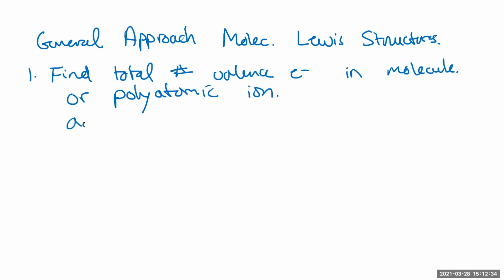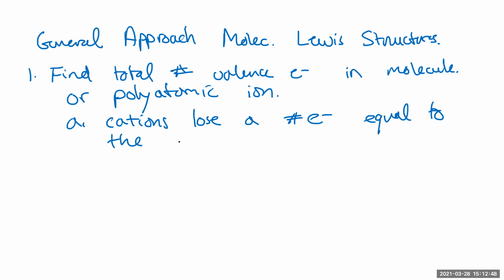Okay, which means a couple of additional notes here. Cations lose a number of electrons equal to the positive charge. So you'll count out the total number of valence electrons expected with each atom in that molecule, and then subtract off that number of electrons equal to the positive charge.